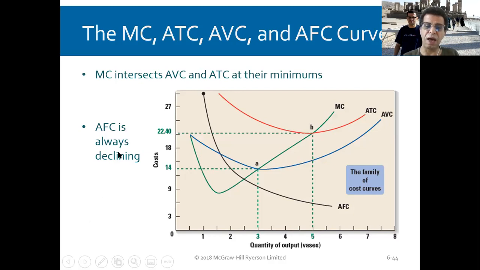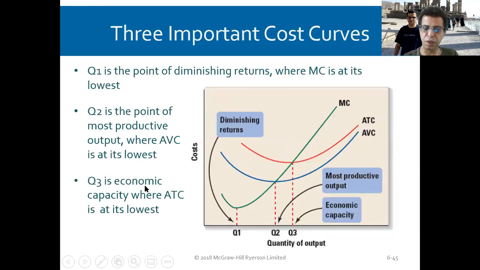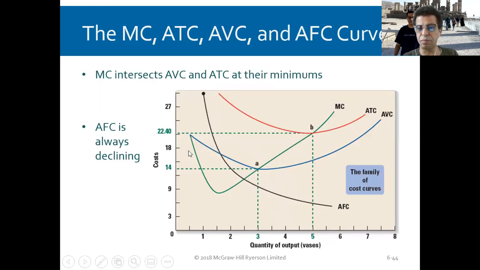So here, the average fixed cost is always declining, if you notice. Then the marginal cost keeps going down, as we said, as the average variable cost also keeps going down. But at this point, when the average variable cost starts increasing and the average total cost starts increasing also, that's where you really need to look.